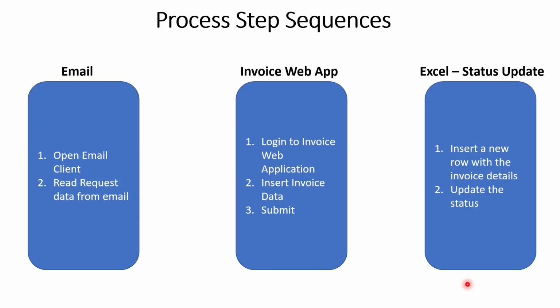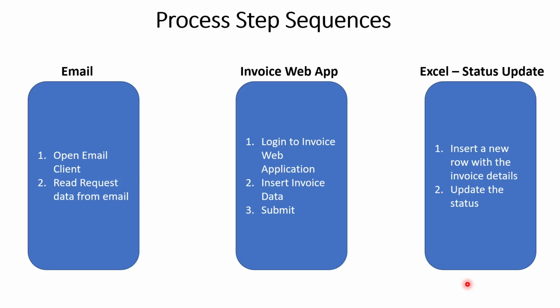To read an email, the user or Blueprism has to interact with the email client, right? So let's say I'm using Outlook, Blueprism will first open the email client. Then it will read that particular request, the data from that request, to generate the invoice.